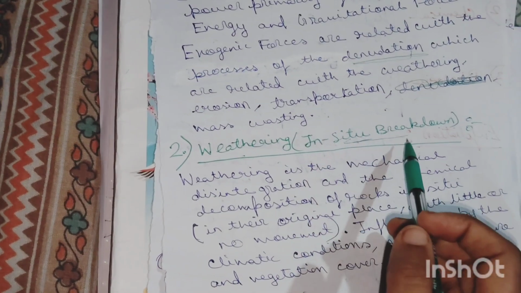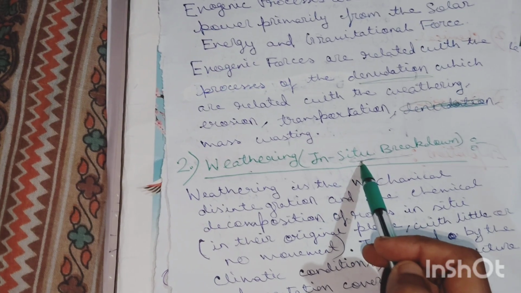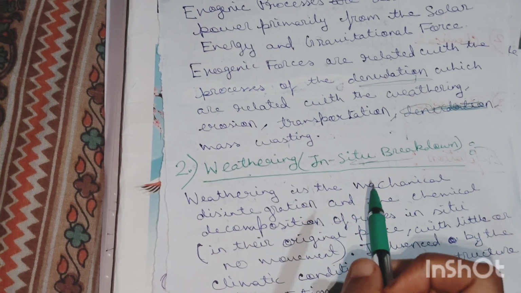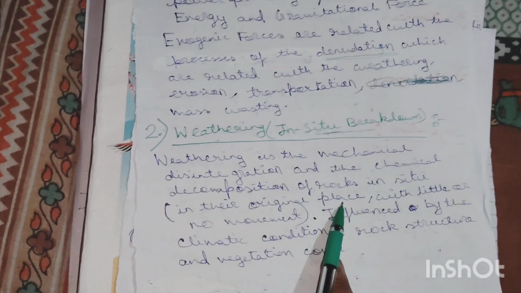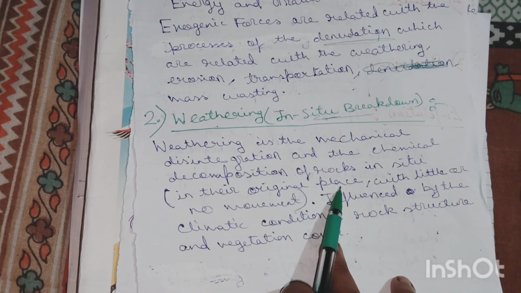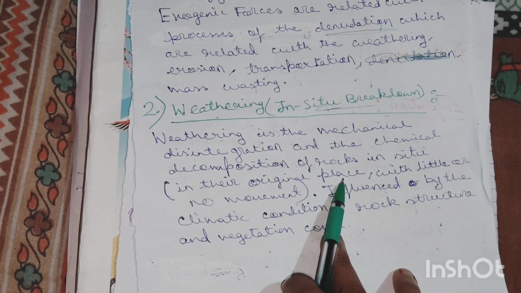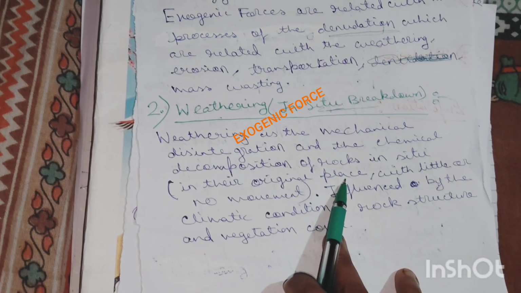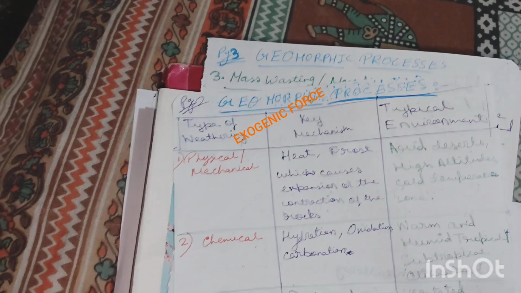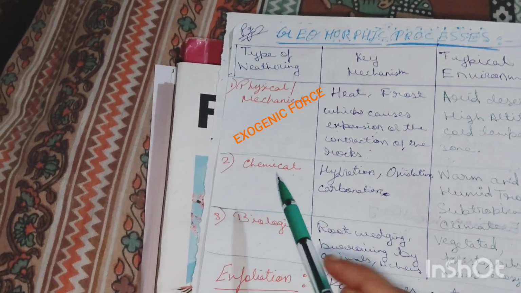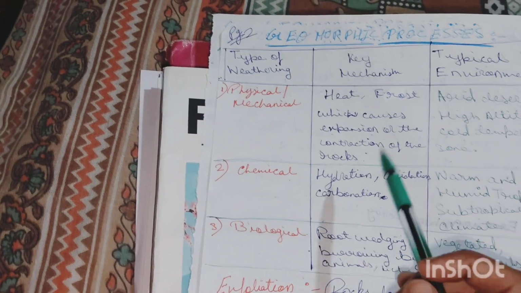Weathering is also known as in situ, because weathering is the breaking of the rocks at the place of their origin, that is, in situ breakdown. And weathering of the rocks is influenced by the vegetation, climatic condition, and the vegetation cover. Weathering is mainly of three types: physical or mechanical, chemical, and biological.